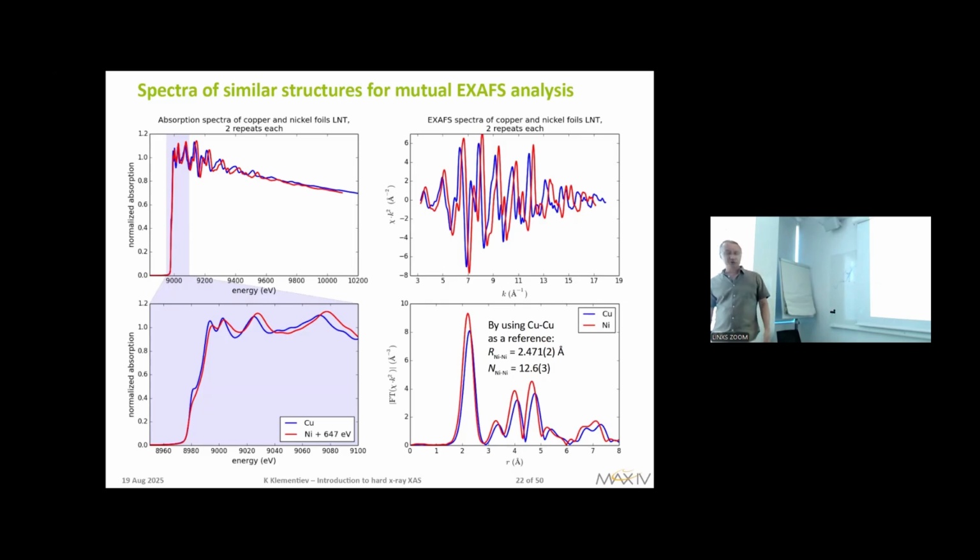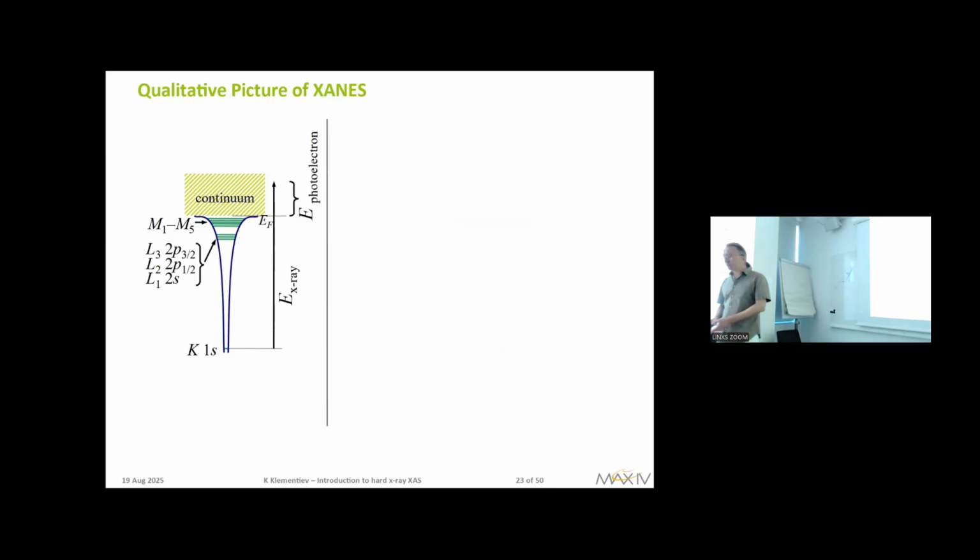And the coordination number we know is 12 for FCC, but it's 12.6 with a fitting error of 0.3, which is also off the range. So if you are not very picky about the results, you can use it. But most typically, people use calculations, and they work quite well.